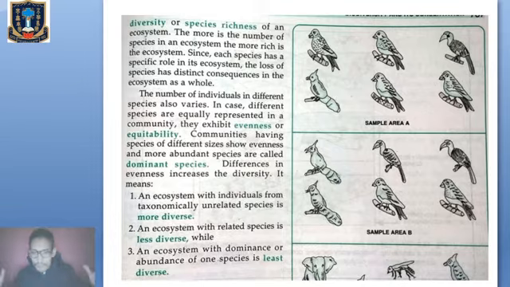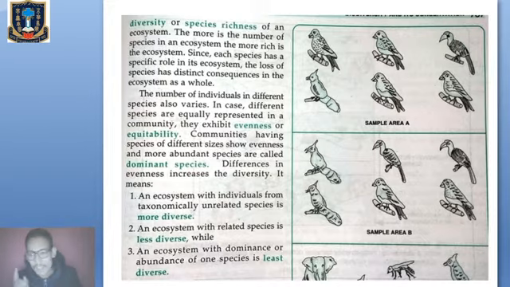That means in a community, in an ecosystem, if we have species from different taxonomic groups which are unrelated, then there will be more diversity in that community or ecosystem. Clear? Number 2, an ecosystem with related species which belong to the same taxonomic group.